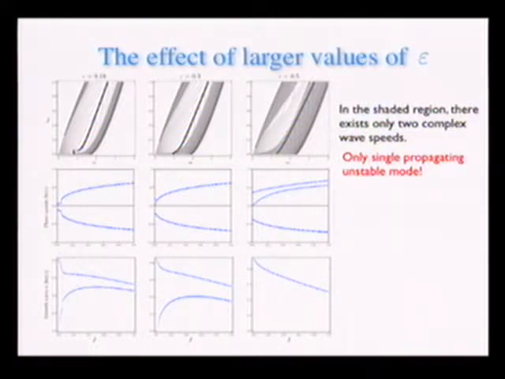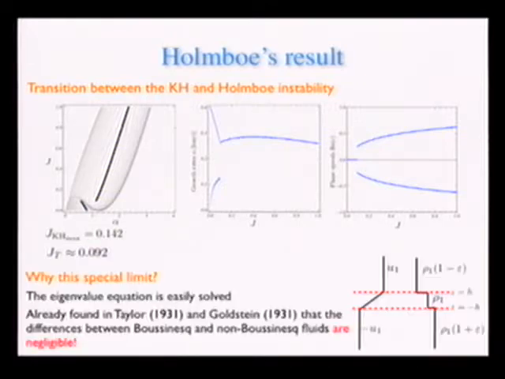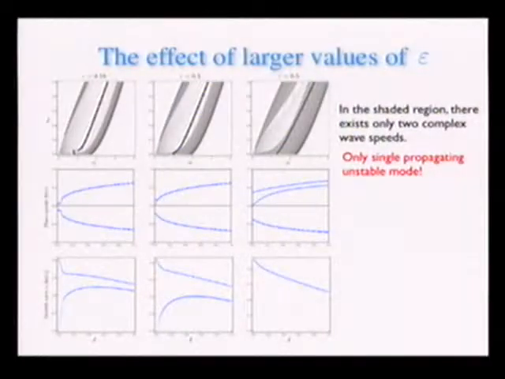And on top of that, in the first diagram, there was no shaded region. Everything is white there, okay? Here you see this gray area, okay? This is something that cannot be captured by the Boussinesq limit. This means that you go from a region where there are 4 complex solutions to only 2. Here in the gray, there are only 2 real and 2 complex, okay?